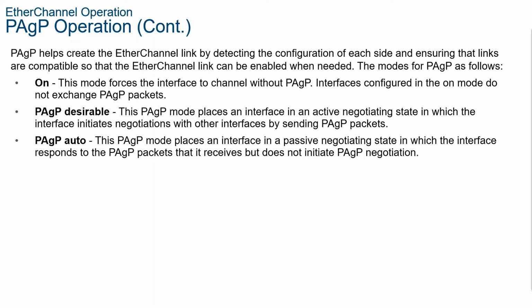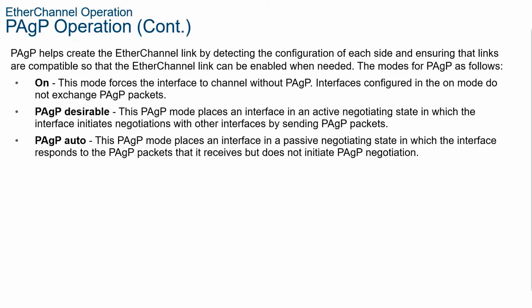If all modes are disabled by using the no command, or if no mode is configured, then the EtherChannel is disabled. The on mode manually places the interface in an EtherChannel without any negotiation. It works only if the other side is also set to on.